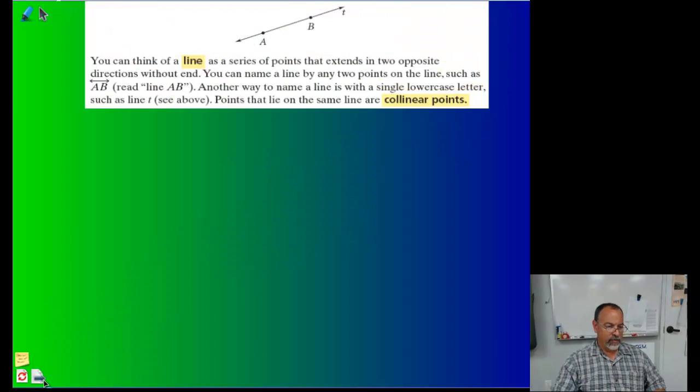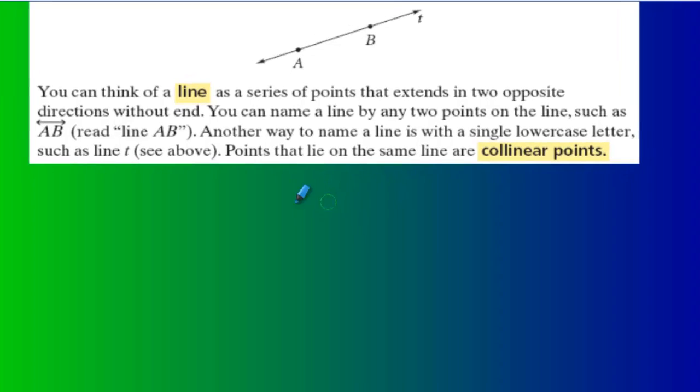I think what we ought to do is probably take a look at some examples on naming a line. Let's see, actually, I think we need to cover this first because I think my examples cover this as well. So let's continue to read this. We already read this first part, talks about a line, and it names one last vocabulary here, talks about collinear points.